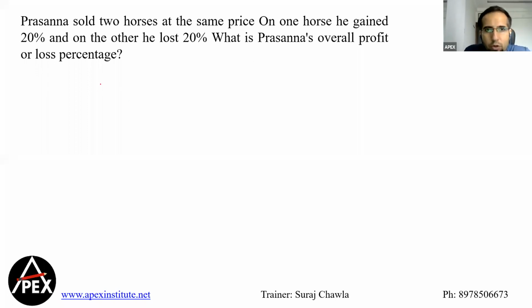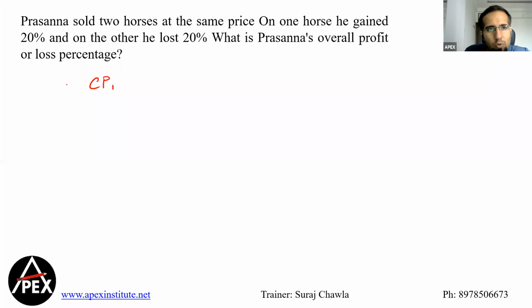So it sold two horses at the same price. I do not know whether it's the same horse. It's for sure not the same horse, so the cost price will be different. Okay, so let's say CP1.